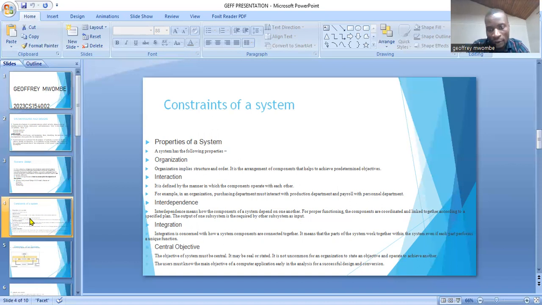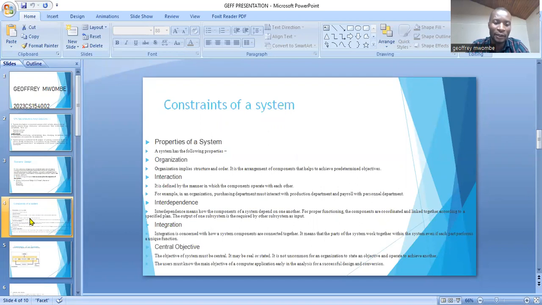For proper functioning, the components are coordinated and linked together according to specified plan. The output of one subsystem is required by other subsystem as an input.